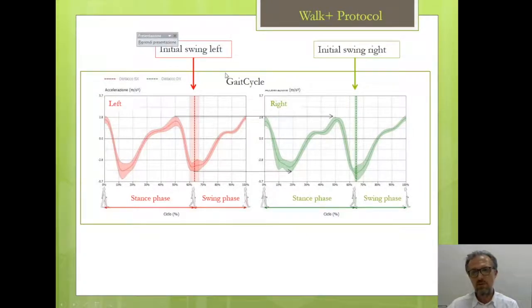This type of discrimination comes from the evaluation of acceleration parameters for the left and right side. As you can see in this graph and this picture, the clinician is able to see what is going on in the gait cycle of the left and right side from the stance to swing phase.